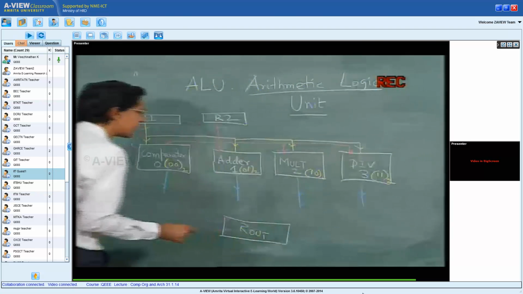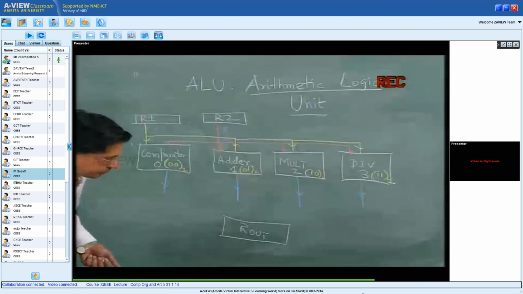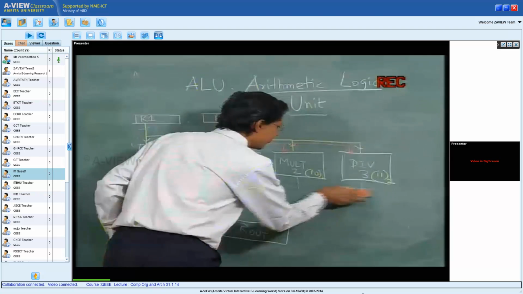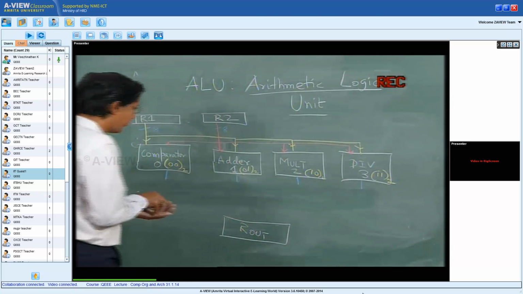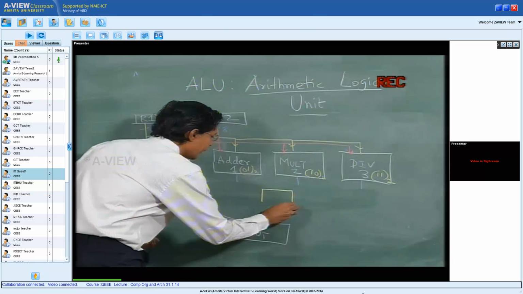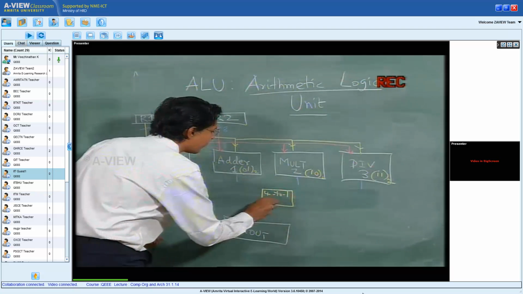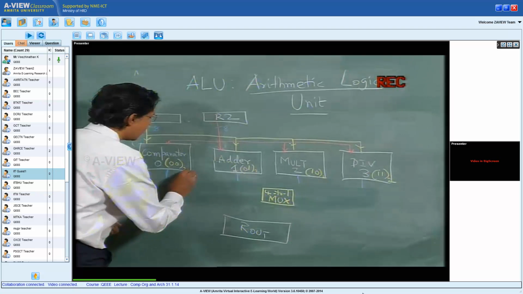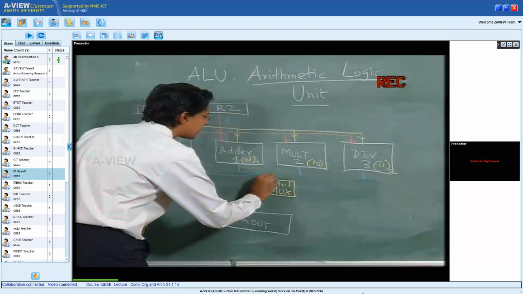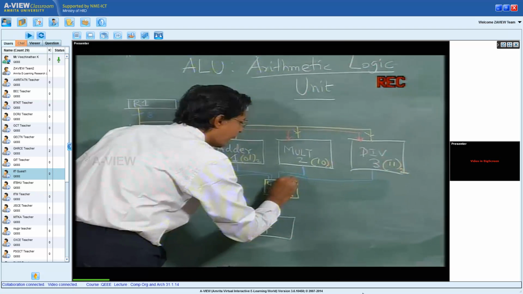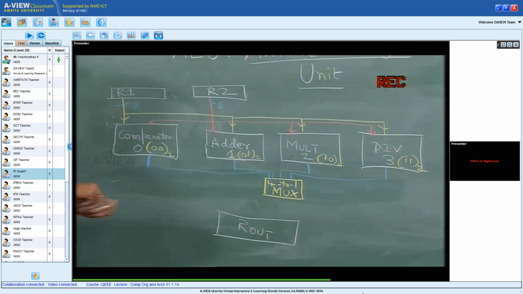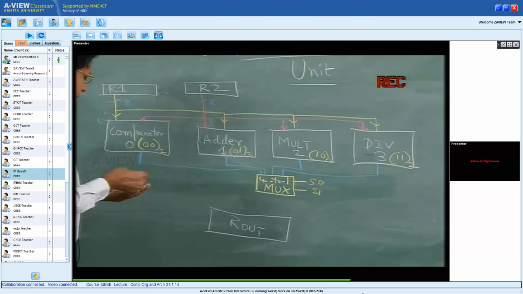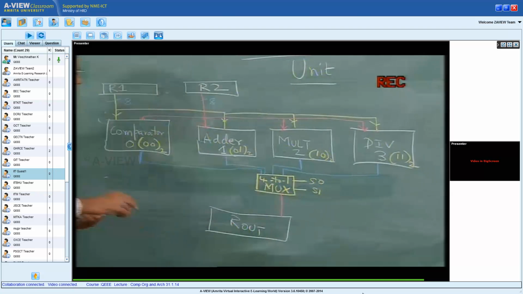So, I put what we call as a 4-to-1 mux onto which one line each of these units are fed in, and I have two select signals, select 0 and select 1, and this output is connected to one bit of R out.